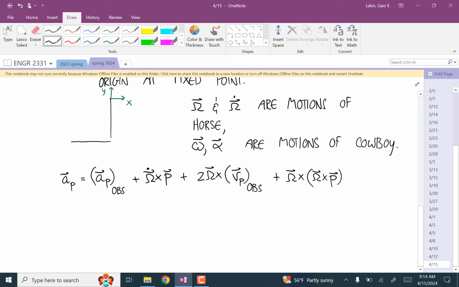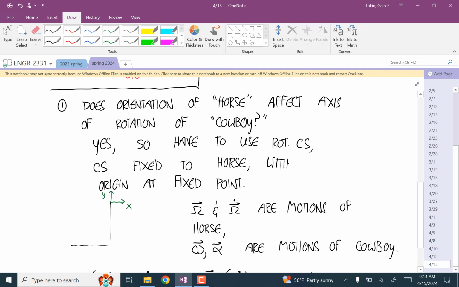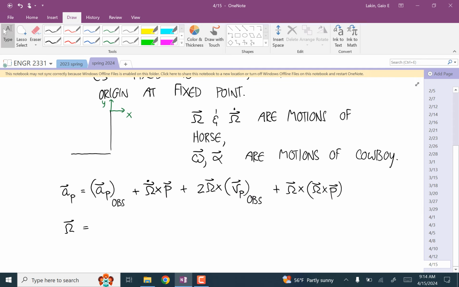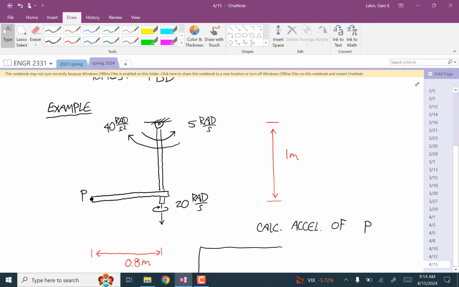Okay, so first, our capital omega, that's the angular velocity of what, the horse or the cowboy? Horse. Horse, right. So it's not super clear which one of these corresponds to what. This is supposed to be this one. This is supposed to be this one. Okay, so 5 radians per second in the positive z direction.